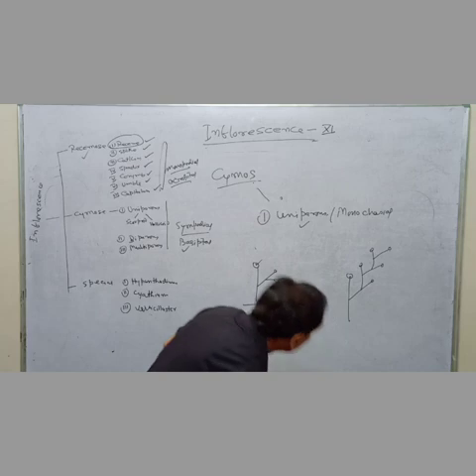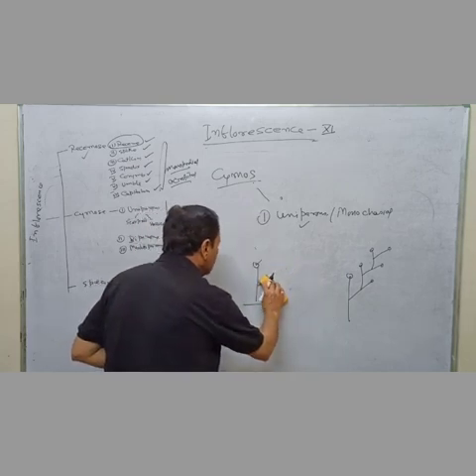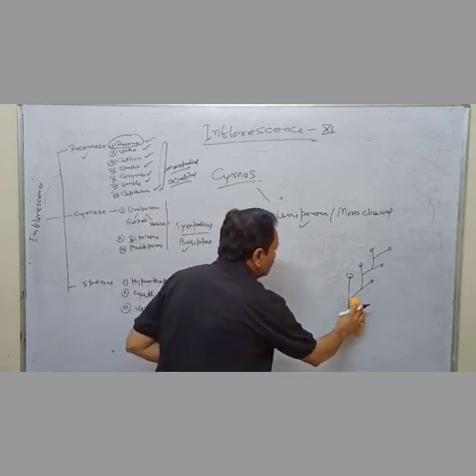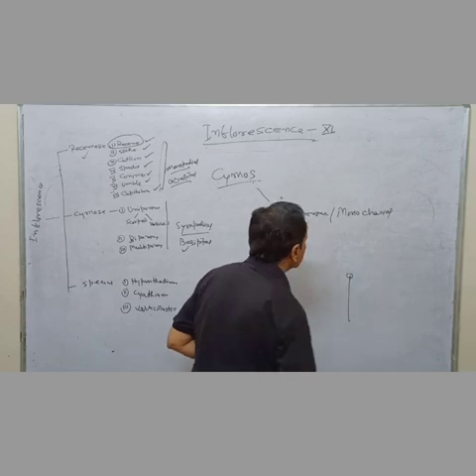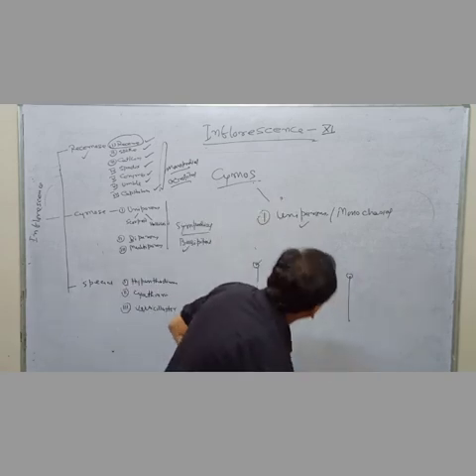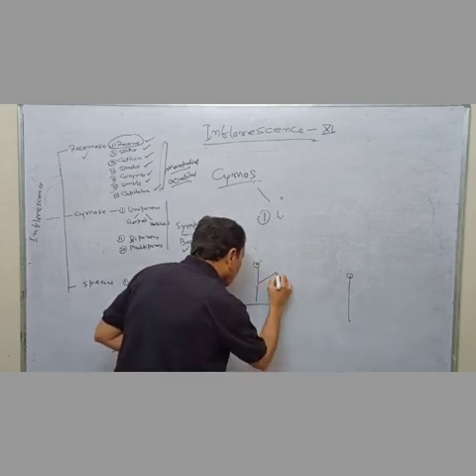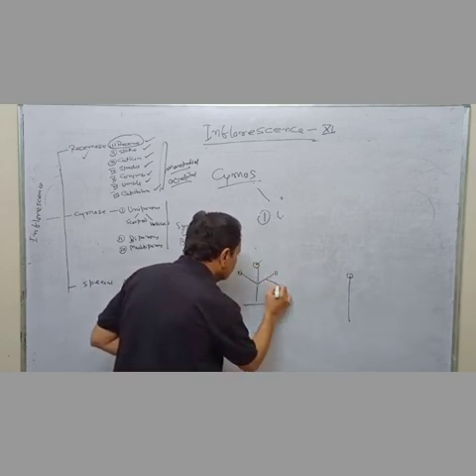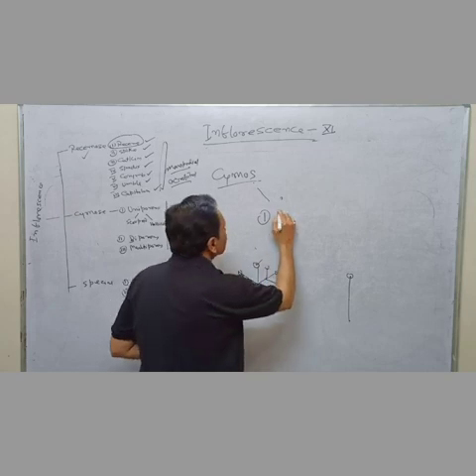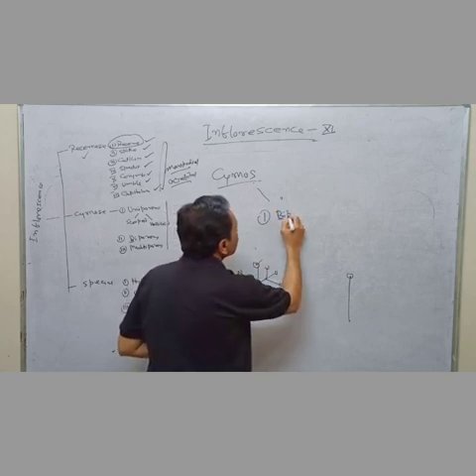Now, if the branching is not like this, if the branching is like this, then it is called biparous.